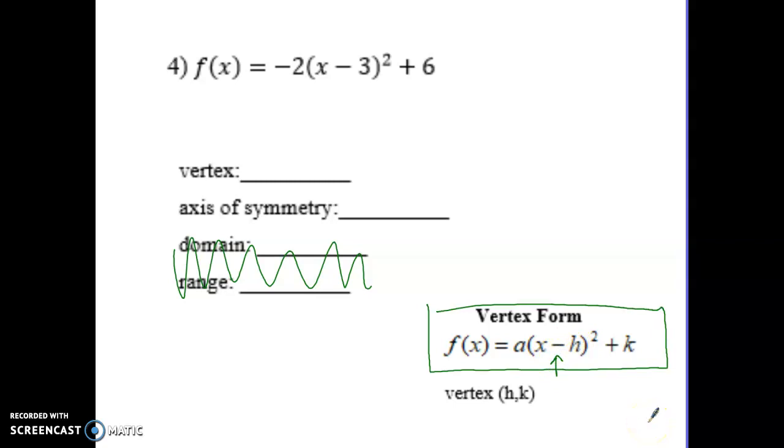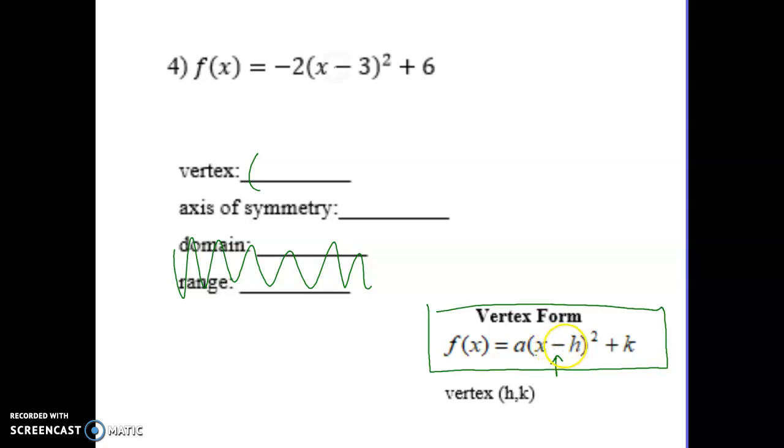When I am pulling the vertex from this form, I find the x value of the vertex right after the x, and the y value of the vertex is the constant at the end. What I've got to be careful about, though, is since that negative is part of the equation, I ignore that negative, or I do the opposite sign, to get the correct value of x in the vertex.